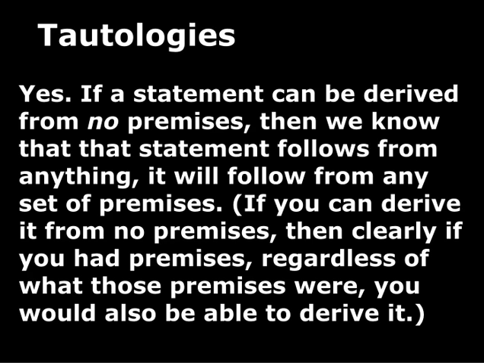If you can derive it from no premises, you can derive it from any set of premises. If I say, here are 5 premises, derive it, you just do exactly the same steps you did before. So you'll still be able to derive it even if I give you any set of premises, if you can do it from none.